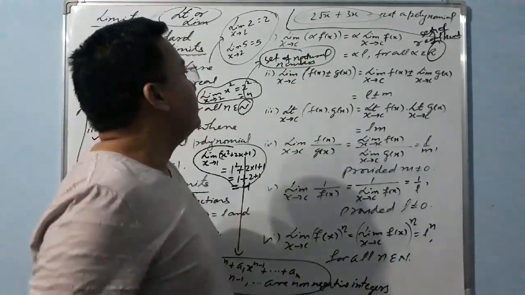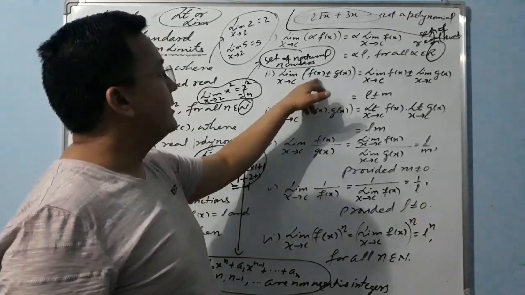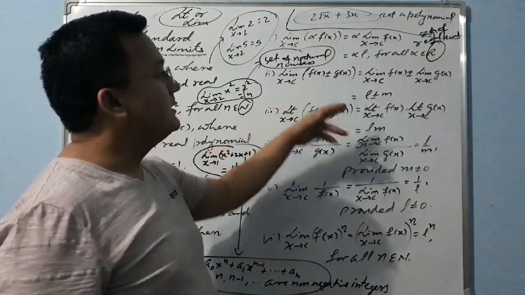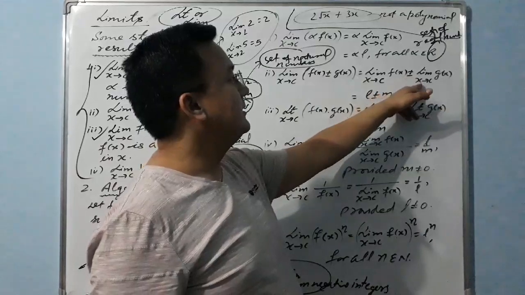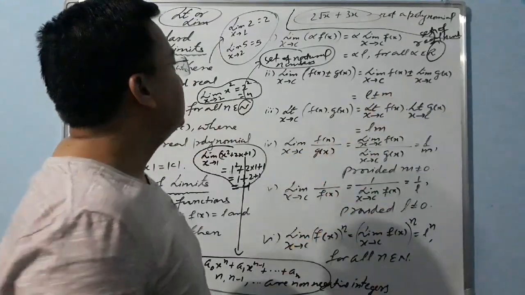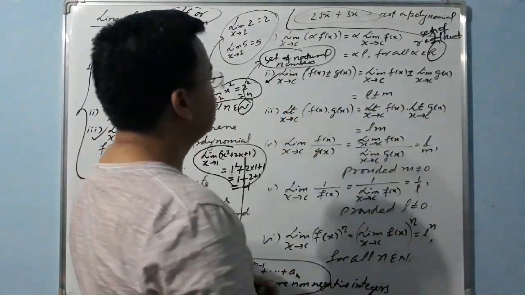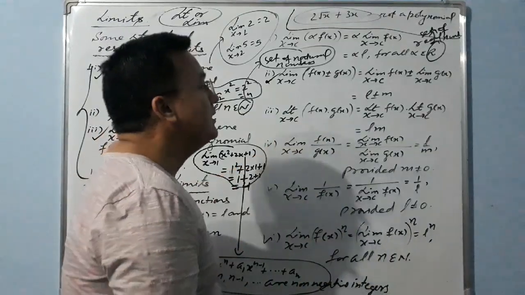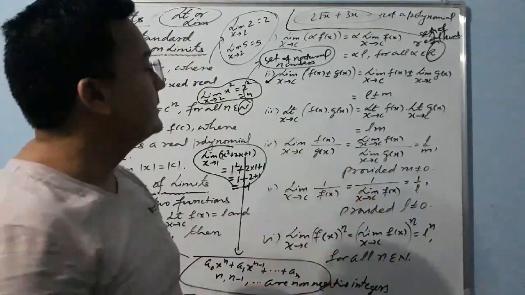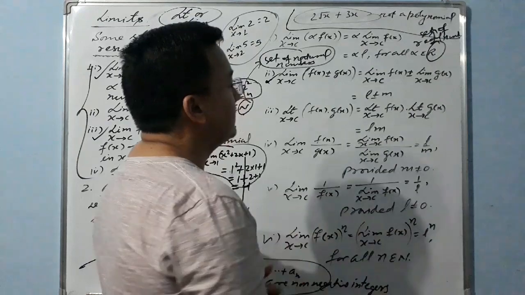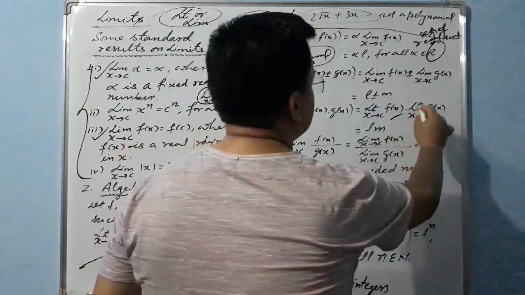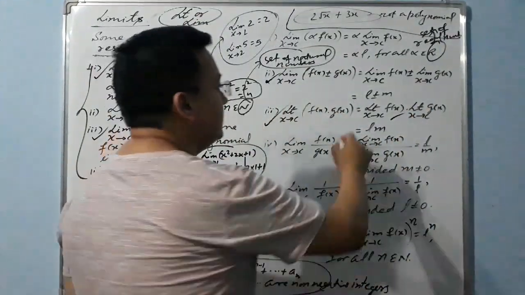If we have a plus or minus, we can write this separately, as I have written here. Already I have discussed this. If they are in product, then we can write this separately, find the limit of these functions separately, and then multiply, right?